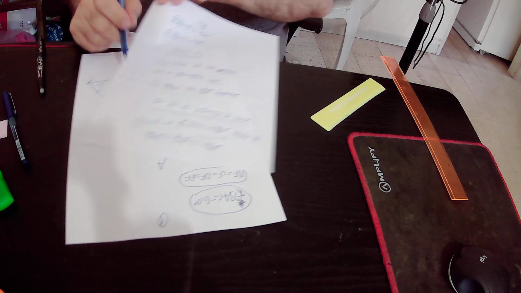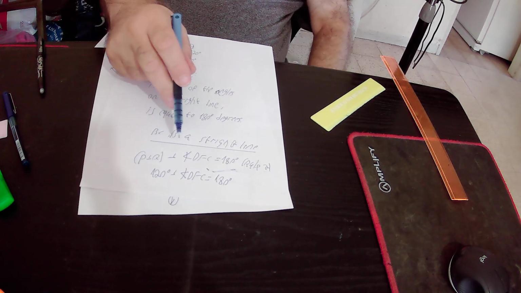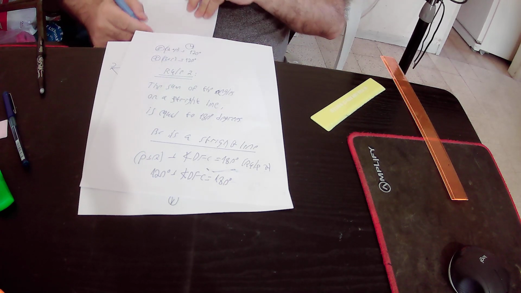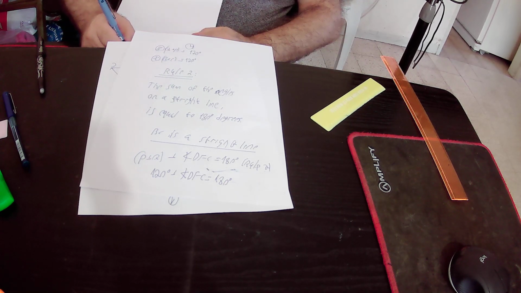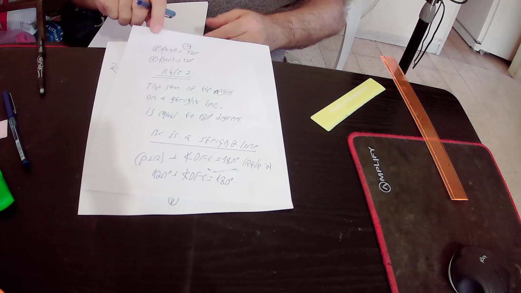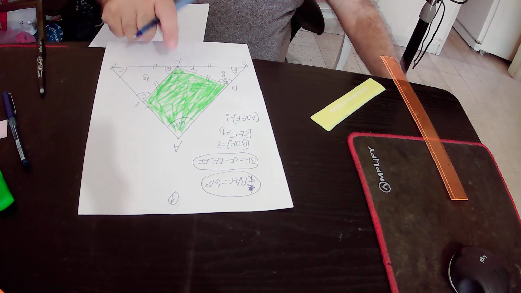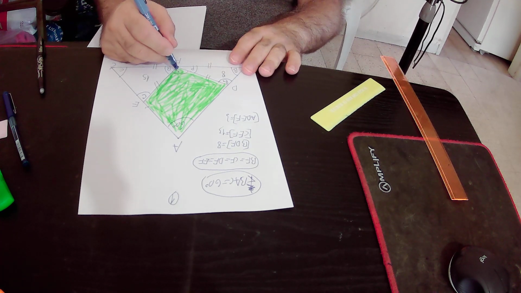So we substitute 120 degrees from this equality in order to get the value of angle DFC. We will get that angle DFC is equal to 180 degrees minus 120 degrees, which is 60 degrees. So angle DFC, this angle, equals 60 degrees.